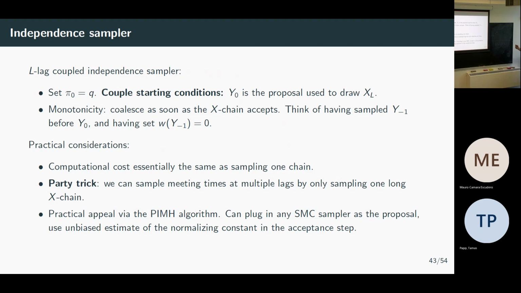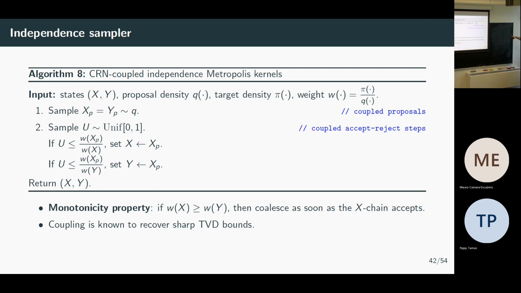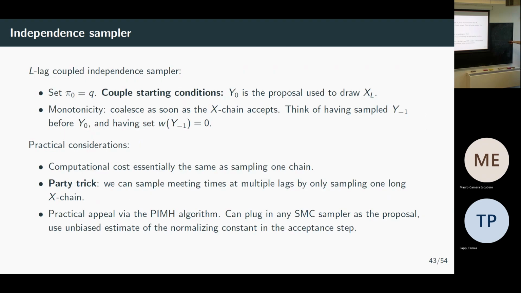It's also nice that the main computational cost here is the weight evaluation and the proposal evaluation, but since you use the same proposal in both chains, you only need to compute one weight. So the computational cost of running the coupling is exactly the same as running just one chain. So you're not paying much more of a price here.